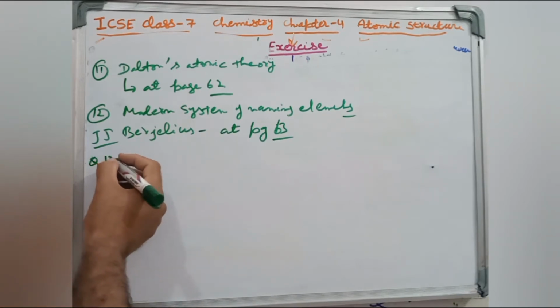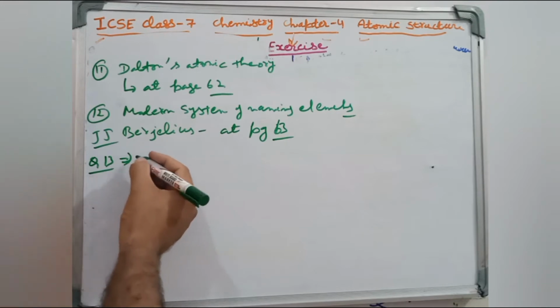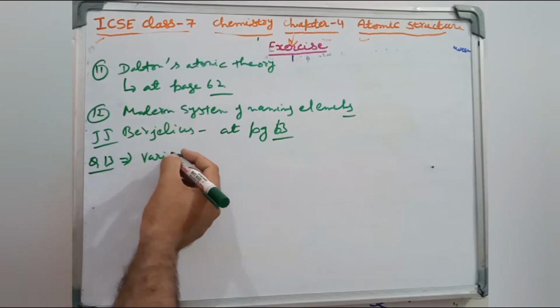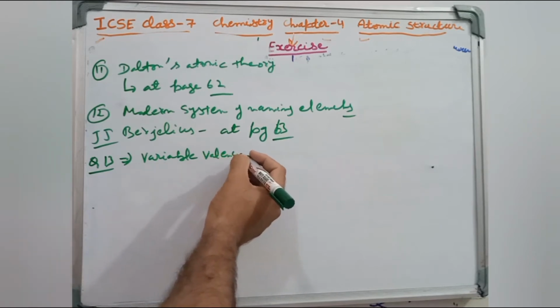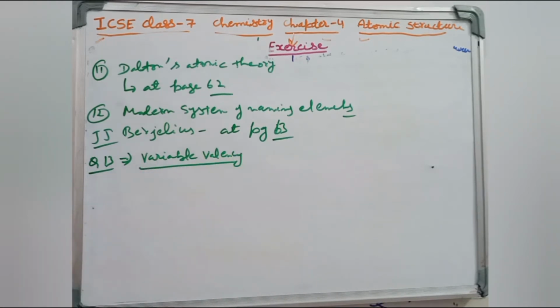Now question number 13 is, what is variable valency? So, what would be its definition?